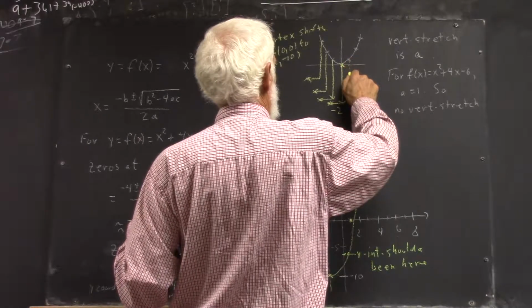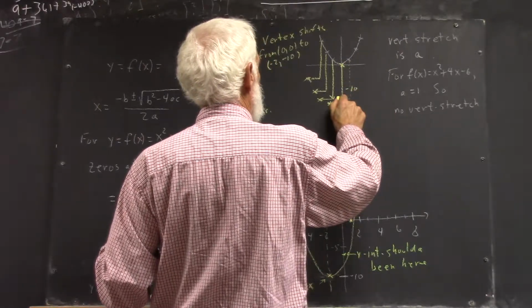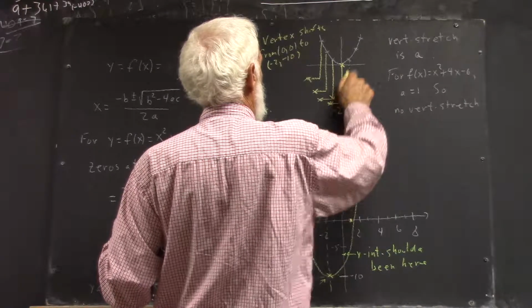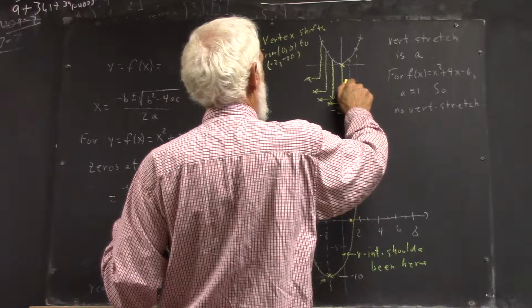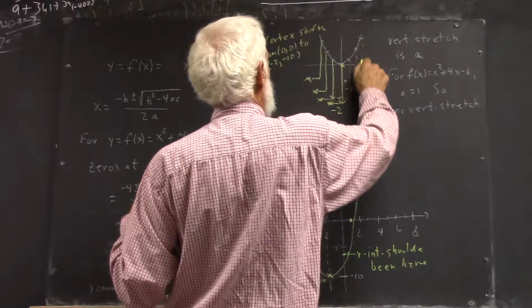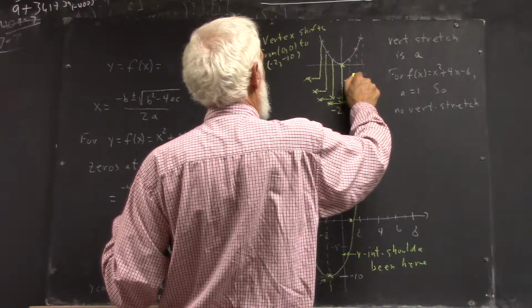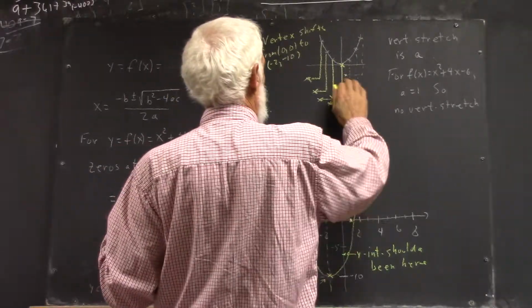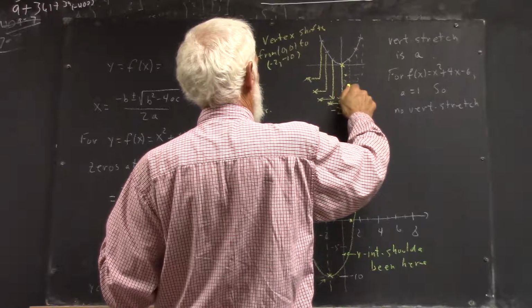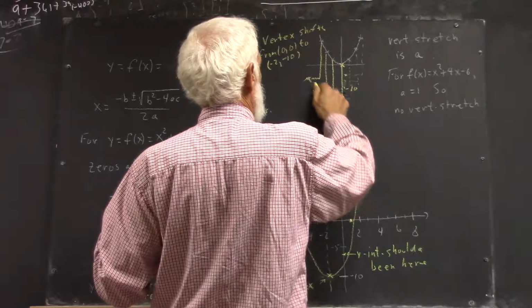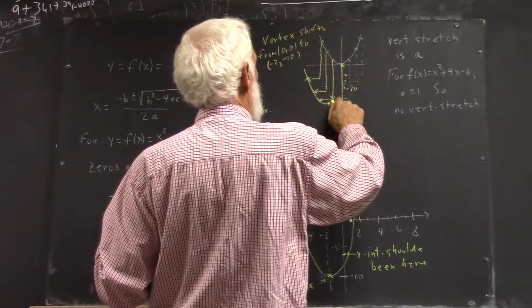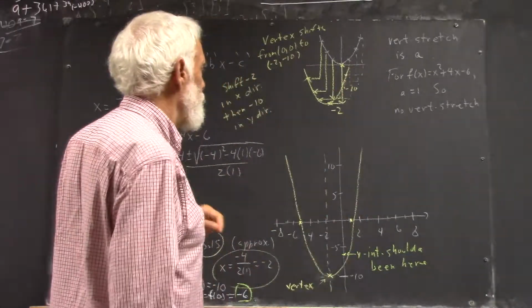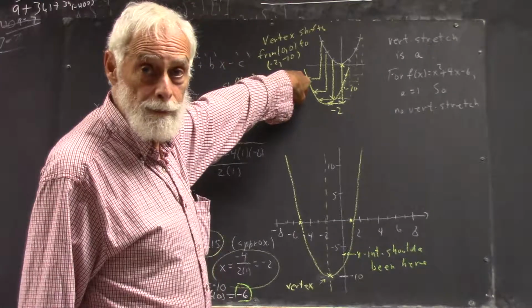Now it's going to get a little sloppy, so I kind of dotted line the points. I didn't do a real good job of that. So anyhow, you connect the resulting points. And there's your graph.